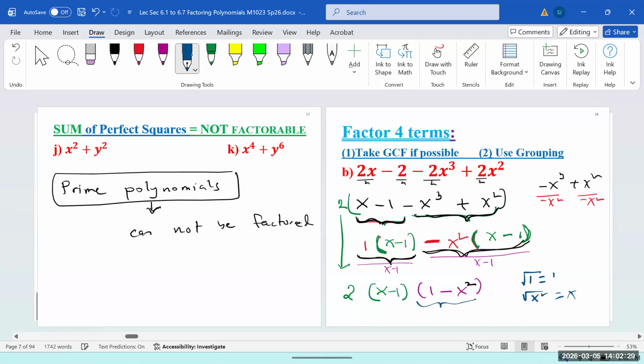So which factor do we get from here? 1 plus x, 1 minus x. And we just bring the other 2 down. 2 times x minus 1. And now you're finally done. Finally.